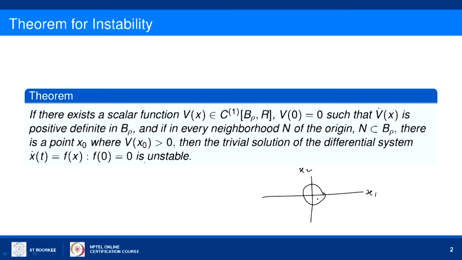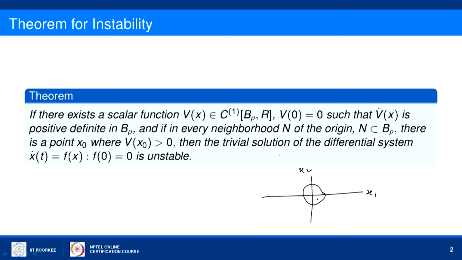So, it also implies that if v is positive definite, that is for each and every point v is positive, and v dot is also positive definite, then also it is unstable. That is a particular case. Here the more general case is if at some point in every neighborhood v is positive and v dot is positive definite, then the system is unstable.